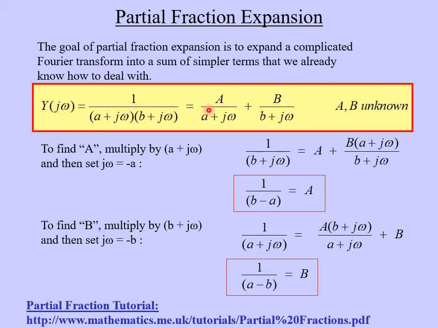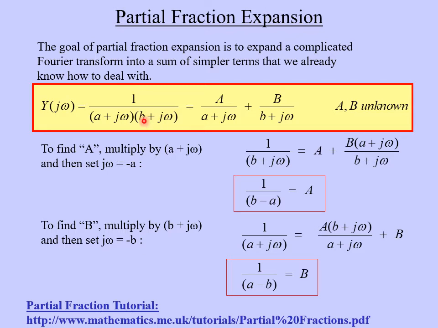We can break it apart into two pieces. The reason we're going to do this is that when we break this thing apart into two pieces, we can do the inverse Fourier transform of each of these pieces just by inspection. We know how to do this term and we know how to do this term. We just don't know how to do the two terms multiplied together.